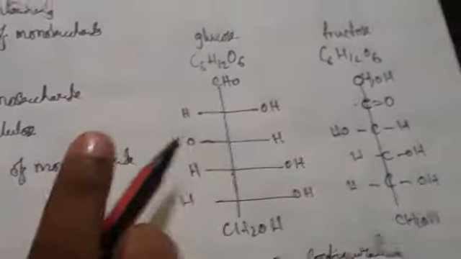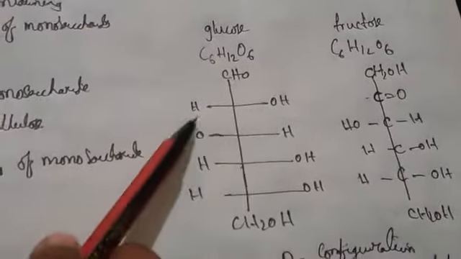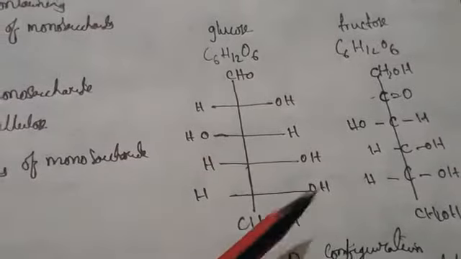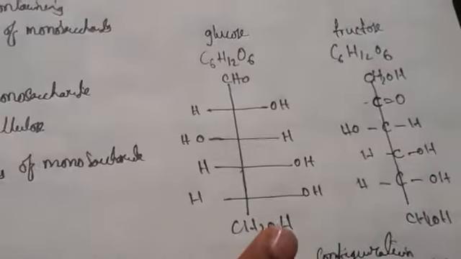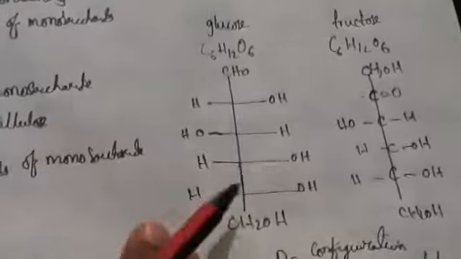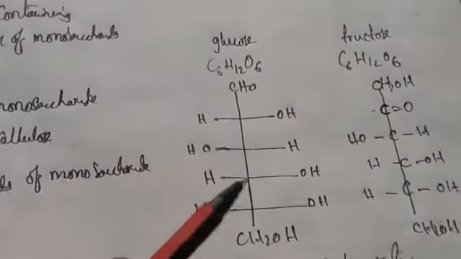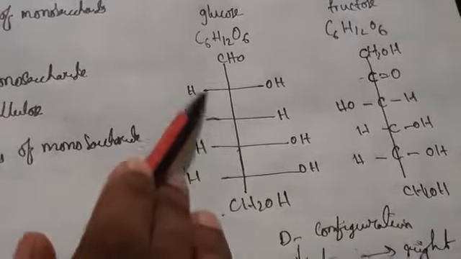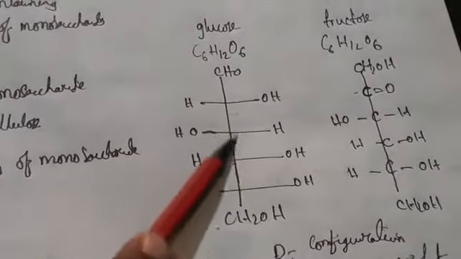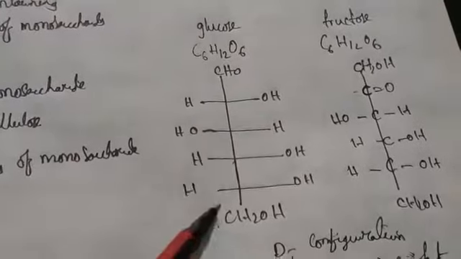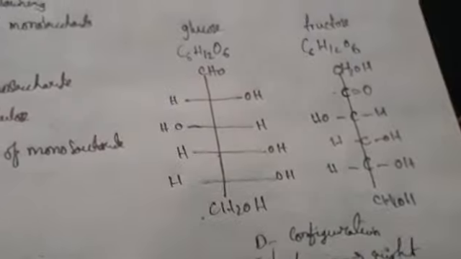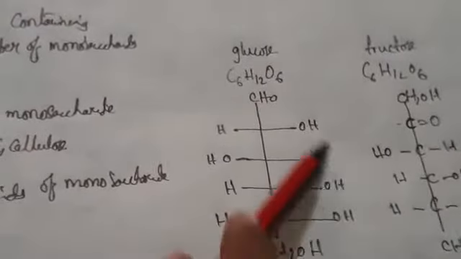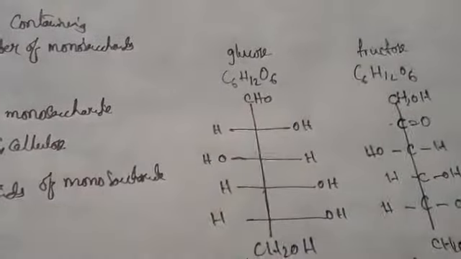How many hydroxy groups are there? 1, 2, 3, 4, 5. Five OH groups are present. One aldehyde group is present, one primary alcohol group is present, the carbon is in a straight chain, and it is present in the dextro form. We have to explain this in the structure of glucose.